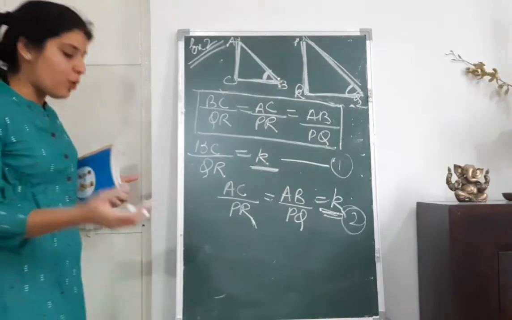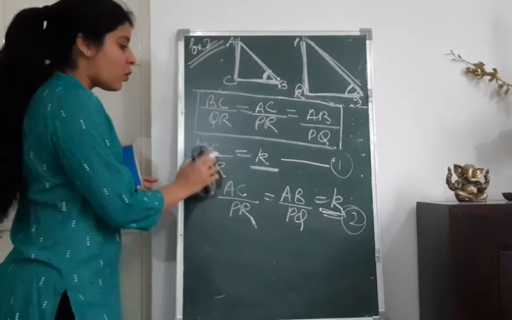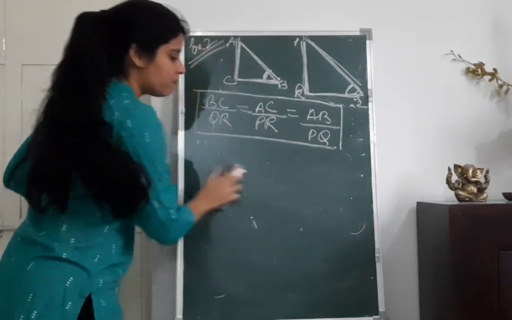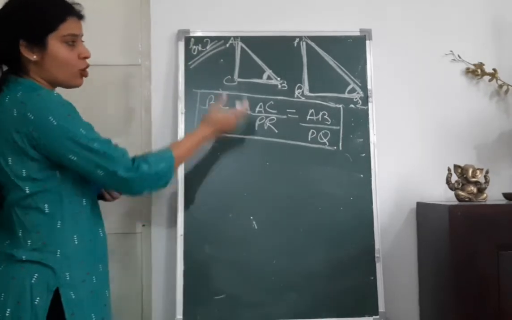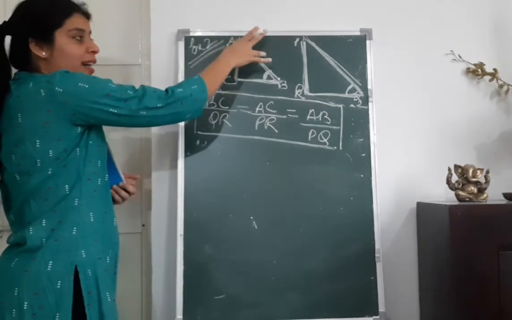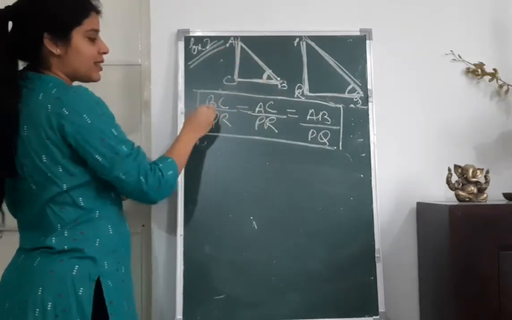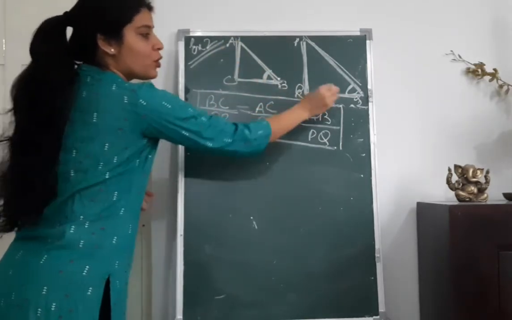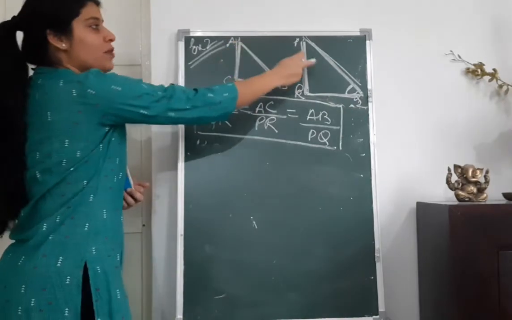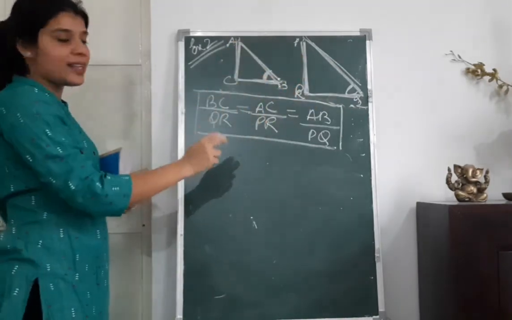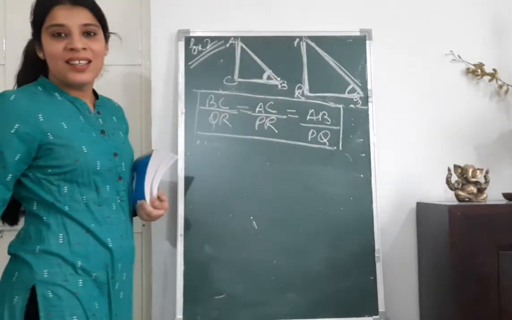Now using properties of triangle, which says when the ratio of the sides of two triangles are equal to one another, see this is the ratio of the sides of two triangles. Now ratio of sides of these both triangles are equal to one another, right?